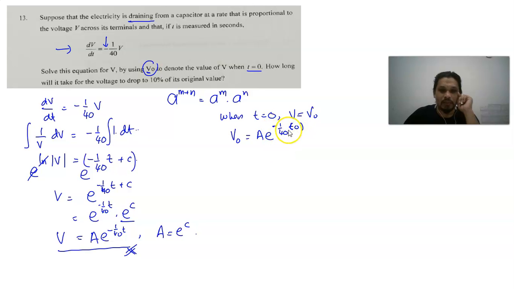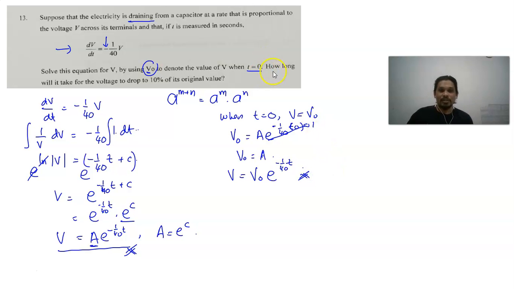So negative 1 over 40 times 0, everything equals 0, and e to the power of 0 equals 1. Then V naught equals A. Substitute A here with the symbol V naught, the initial voltage. V equals V naught e to the power of negative 1 over 40 t.